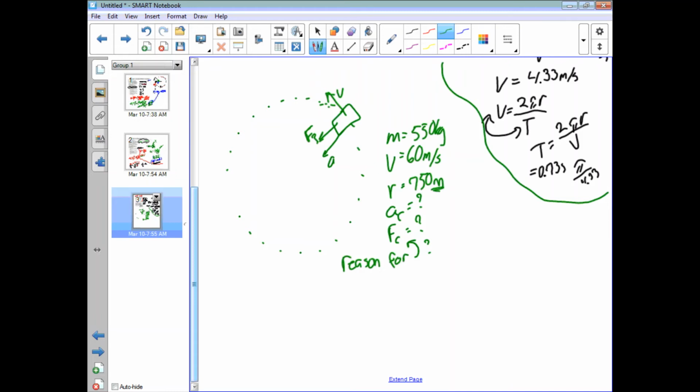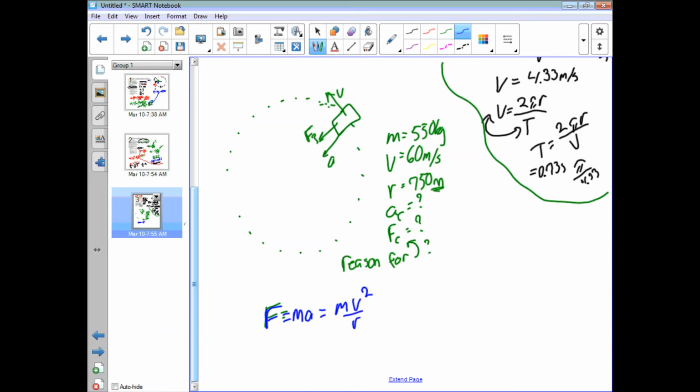Force equals mass times acceleration. Well, if I had the acceleration, then there I'd be, right? Okay, well, fine. What else does it equal? Mass times v squared over r.